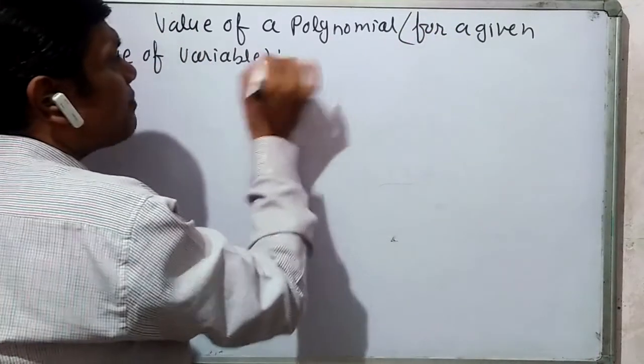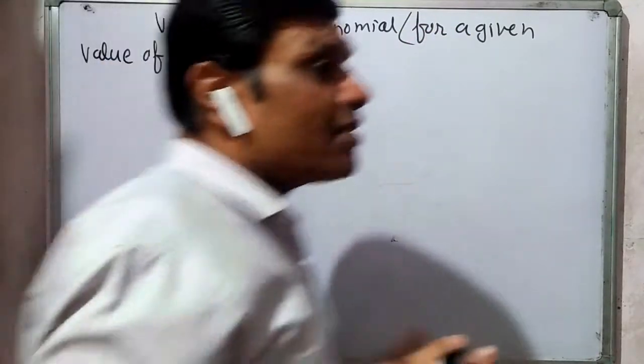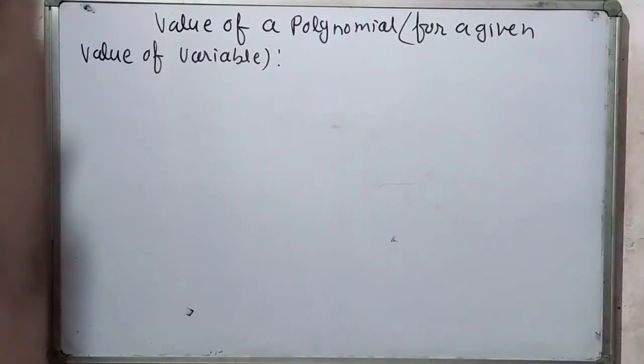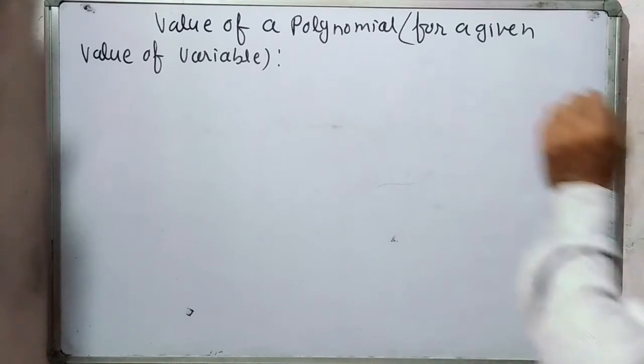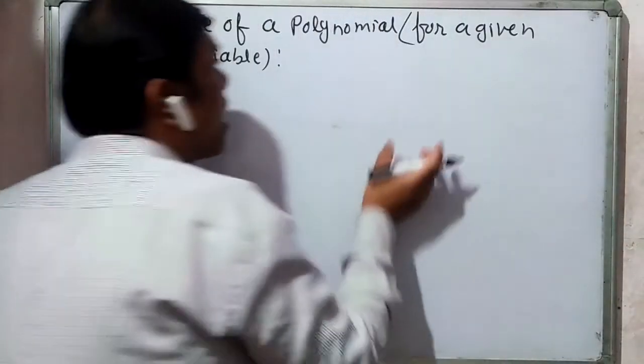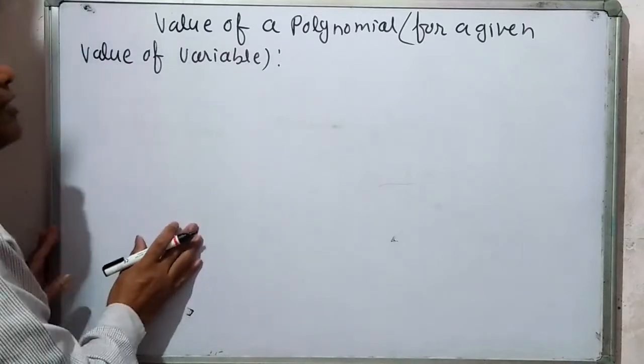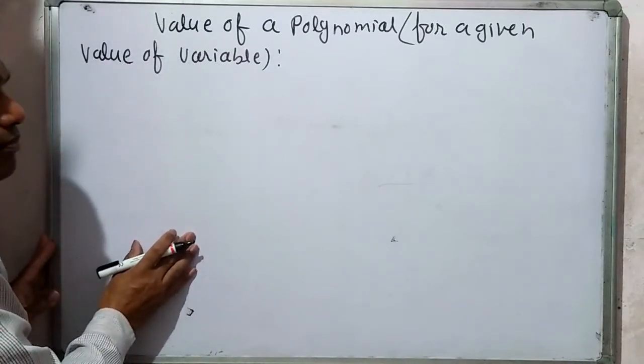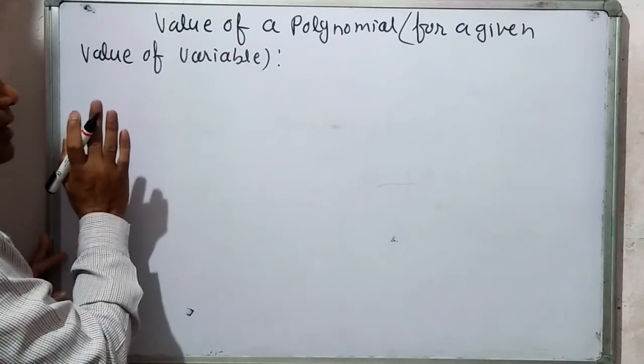This is the additional thing I am writing, which is not given in your book, but it is quite understood, that whenever we are finding the value of a polynomial, it should be at a given value of variable. Okay?